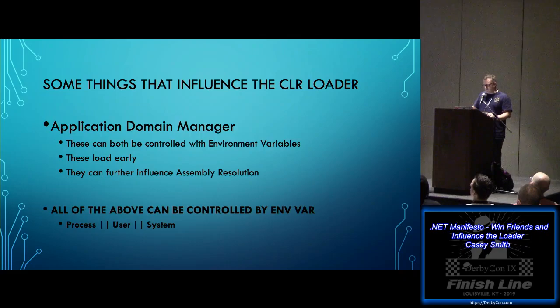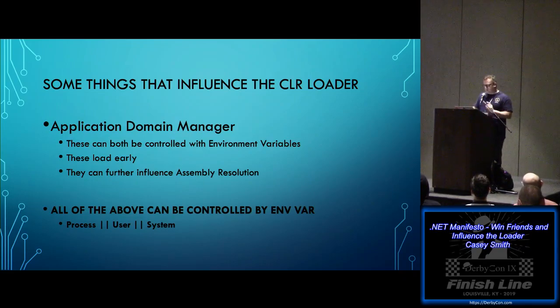Once you load your app domain manager, you can then further affect assembly resolution. You can override functions so that when a particular DLL is searched for, it uses your path or your recommendation as opposed to what was expected by the system.